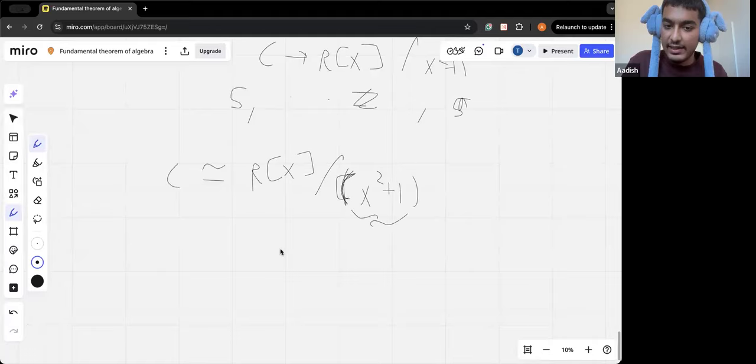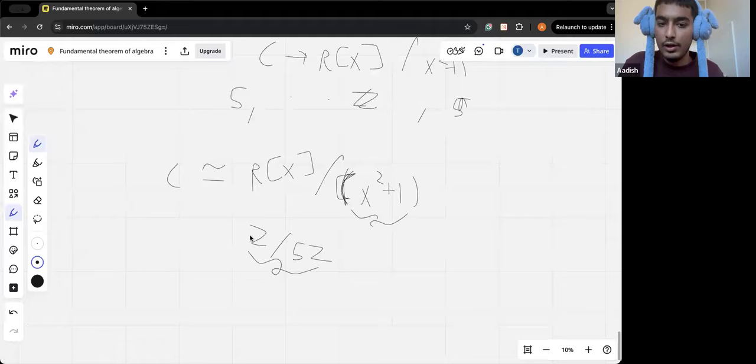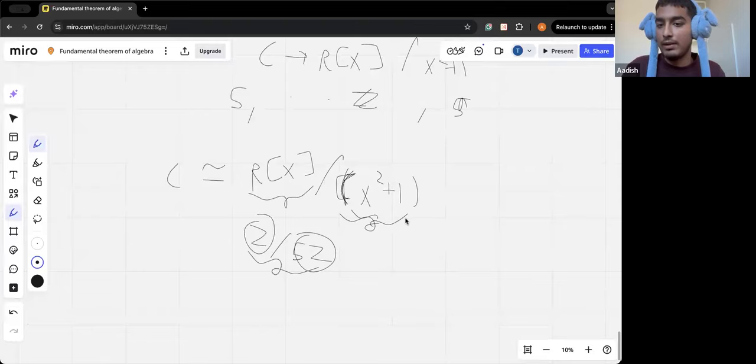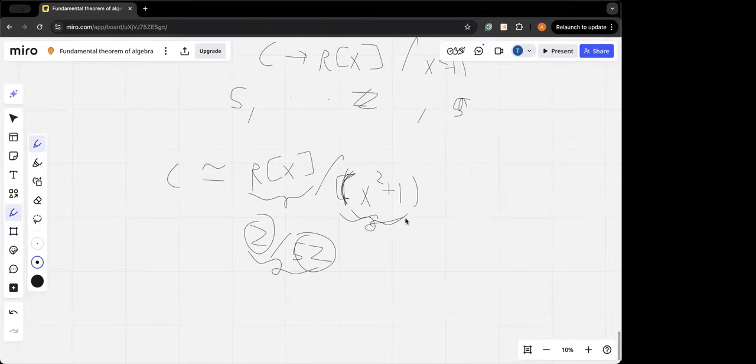This is exactly the same as defining numbers mod some prime. If two numbers differ by a multiple of 5, they are the same. You denote that by Z/5Z. So Z is the set, and 5Z is all the numbers you are declaring to be 0. So R[x] is the set, and x square plus 1 is what you are declaring to be 0. Okay, is that clear?